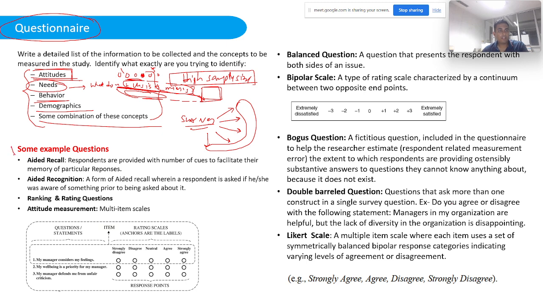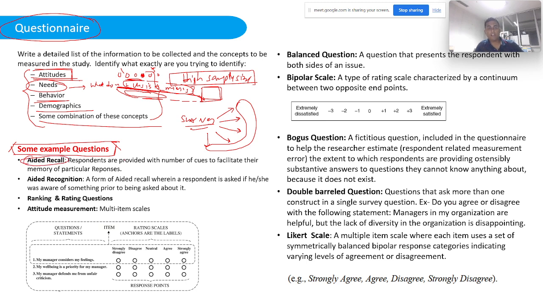So these are some example questions that will give you an idea how a questionnaire is developed. First of all, it can have questions which are like aided recall.